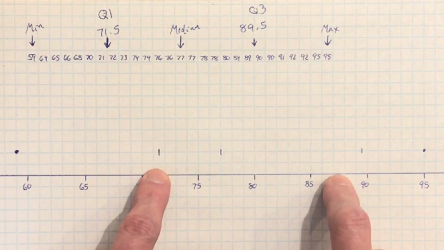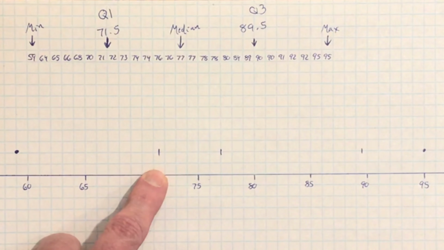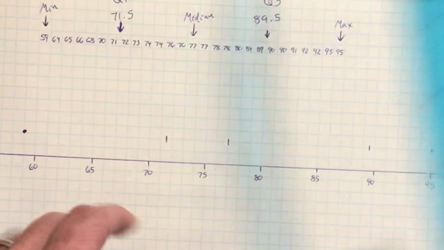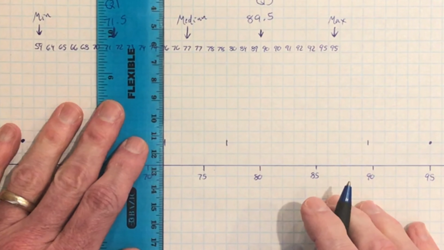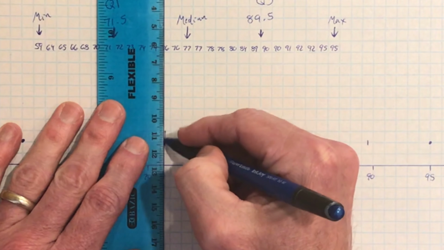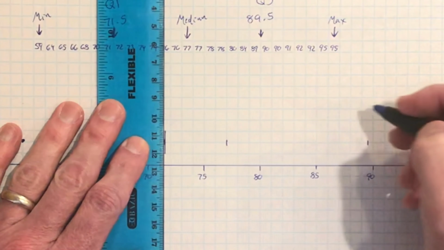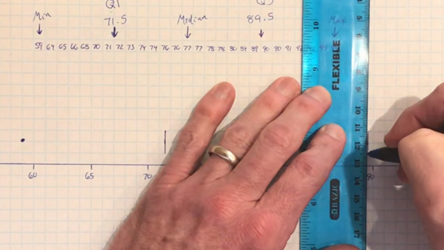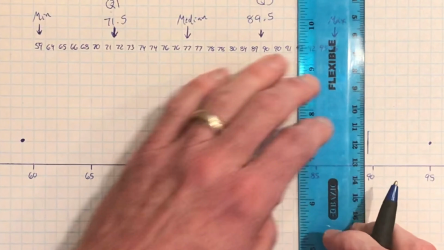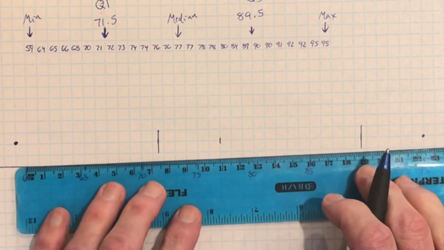Okay, now the box in box plot is between Q1 and Q3. The box shows the spread of the middle half of the data. The idea here is that most of your data should be somewhere in the middle.